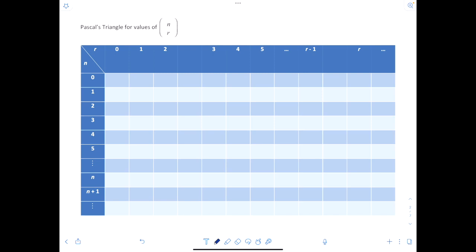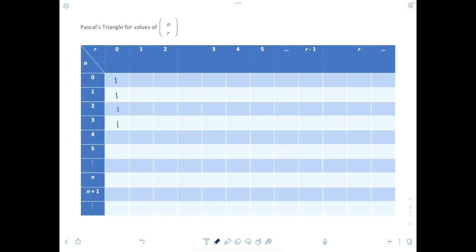So we're looking at n choose r. The n goes down vertically, and the r goes across horizontally. So 0 choose 0 is 1. I'm going to go down here. And then if I'm choosing 0 subsets of 1, there's only one way to do that.